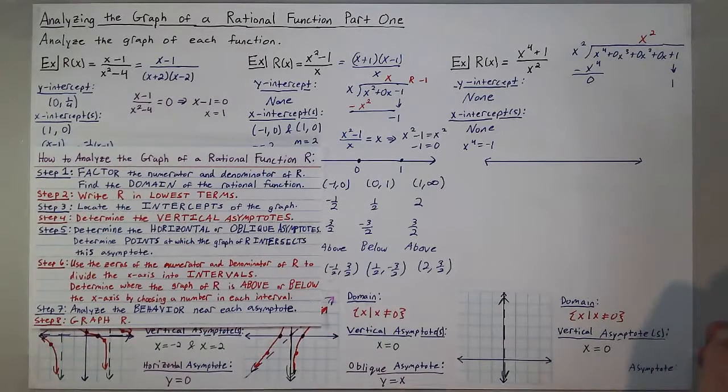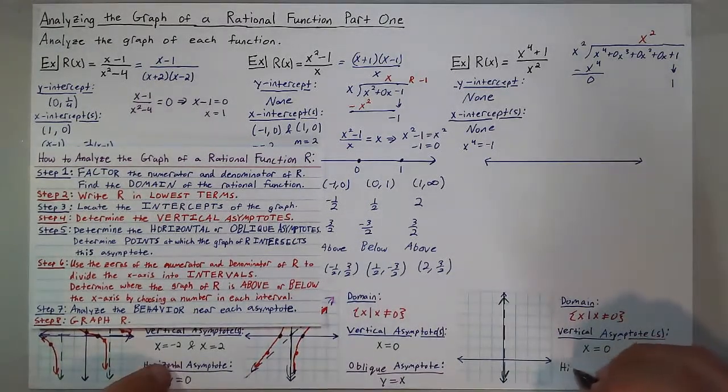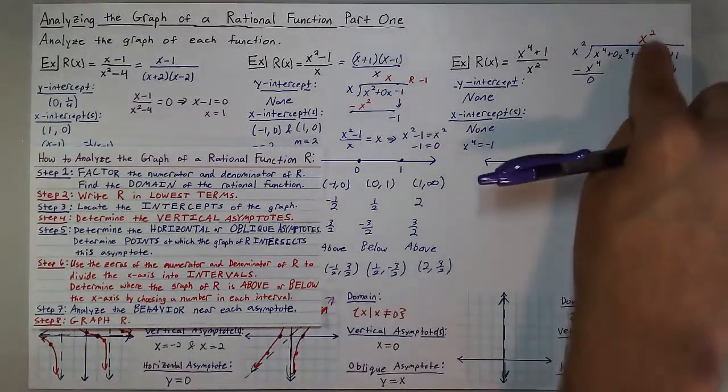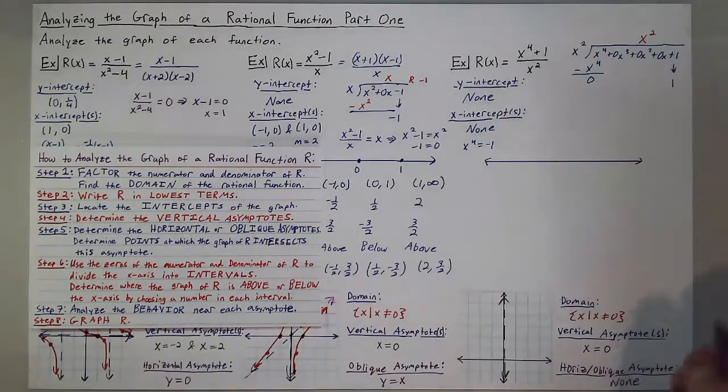So my only asymptote would be y equals x squared, but that's not an oblique asymptote. So if I were to ask the question, is there a horizontal or oblique asymptote, I would say there is none. But what I can say is that it's going to behave like y equals x squared.